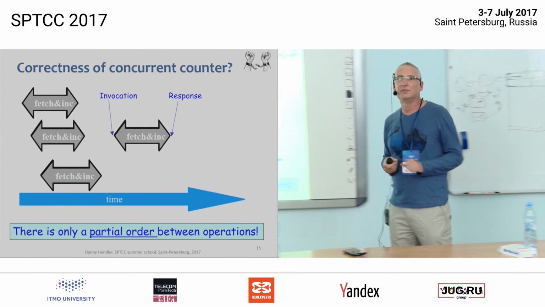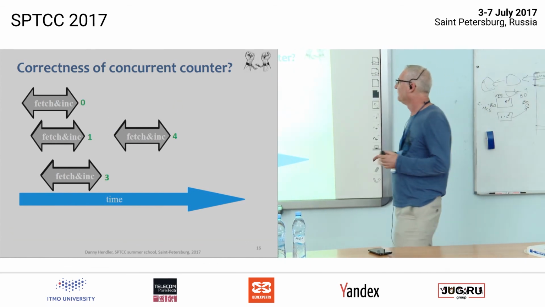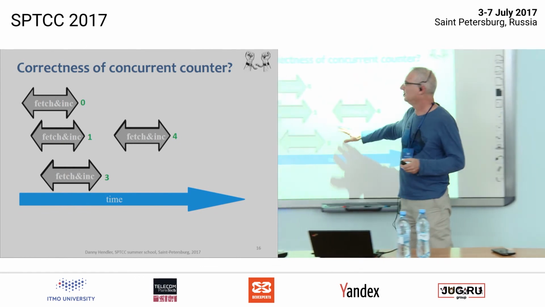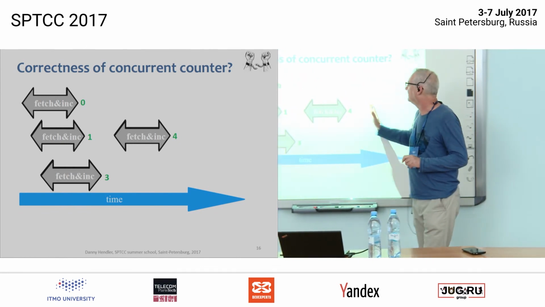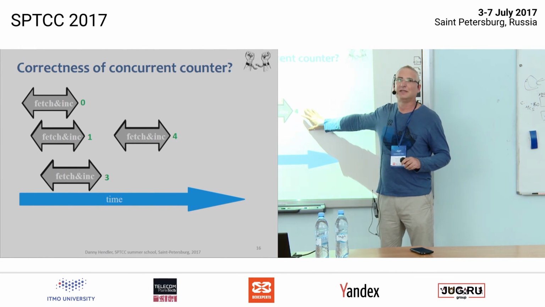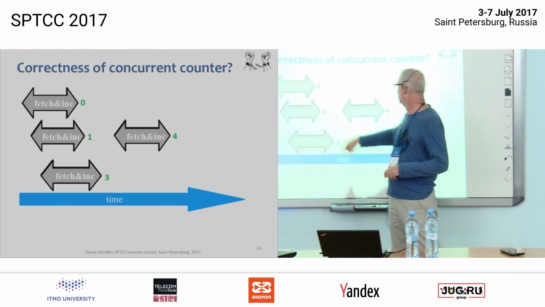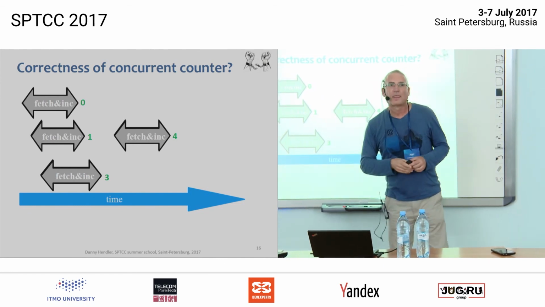So let's make this example more concrete. Assume that we have this execution, and in this execution we have 4 operations of fetch and increment that return these values, 0, 1, 3, and 4.